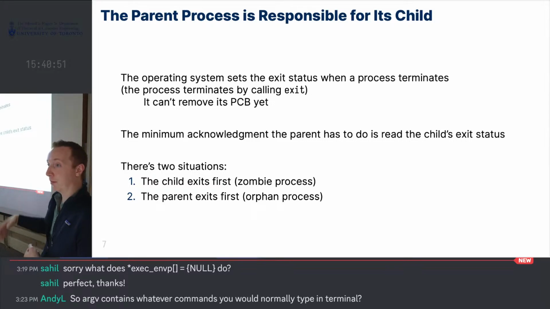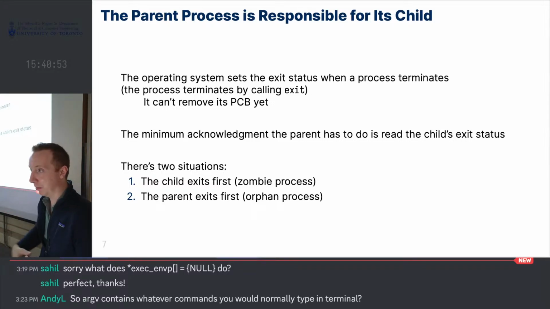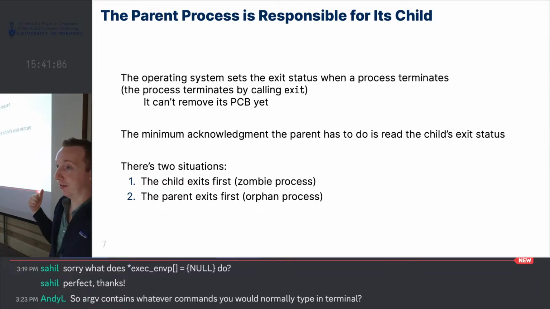Then the kernel could reuse process ID 60 for some completely unrelated process that is not my child, and I would read it again and think, oh, my child's still alive, when really that process is completely unrelated to me. That is why there's this acknowledgement step, because that's the only way the operating system knows that you're completely done with the process.